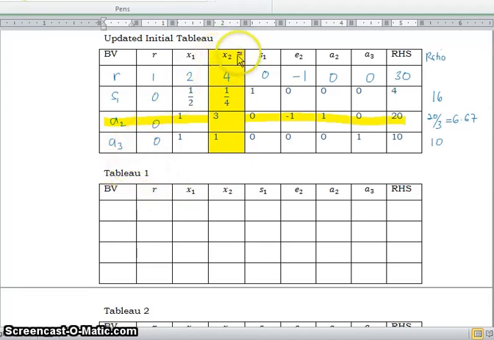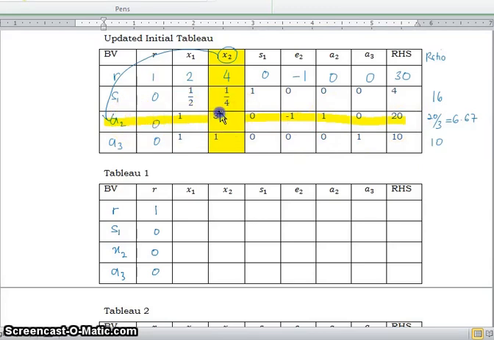Okay, go to tableau 1. Now x2 will replace A2. We have R, S1, X2 and A3. The coefficient of R is always 1 in row 0 and 0 in other rows. Okay, first we need to update row 2.